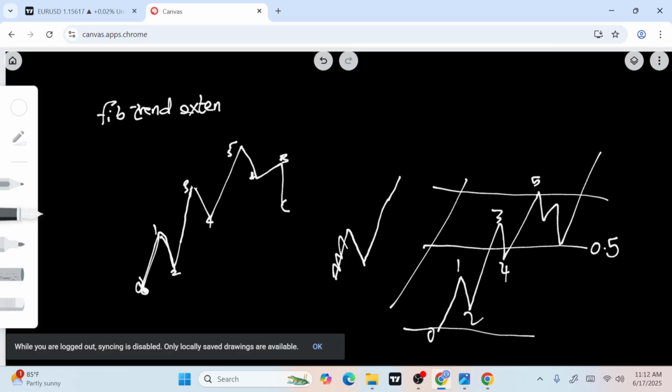It's like a cousin of Fibonacci retracement. What it does is you hold it here and drag it to this place. It needs a second point. Normally you draw Fibonacci from one place to the second place, but in that one, you have to drag it from here, hold it here, and hold it here. It now gives you another kind of Fibonacci up here, with extended prices and everything.